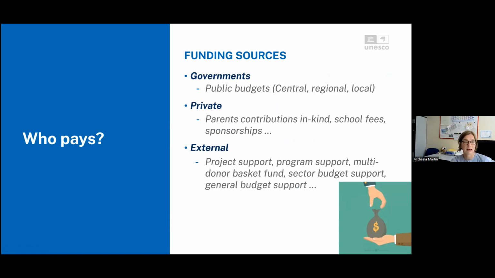In many countries, a number of ministries provide funding for education, but also decentralized funding. Sometimes it's funding that comes from the Ministry of Interior that is directly allocated to decentralized units, which then use the funding for education.